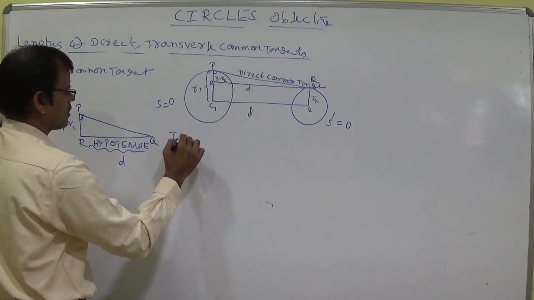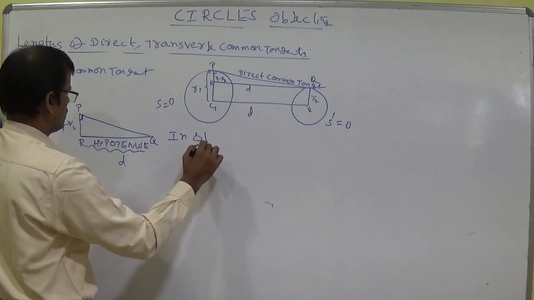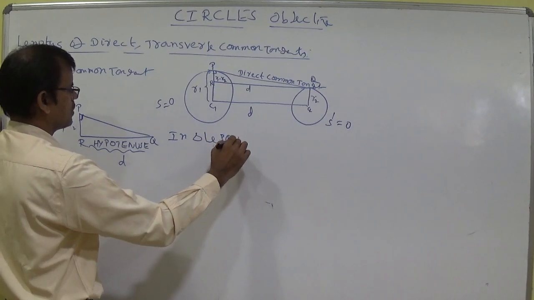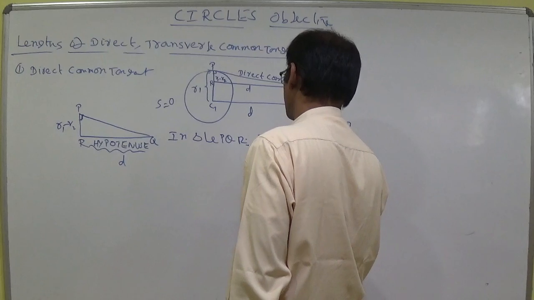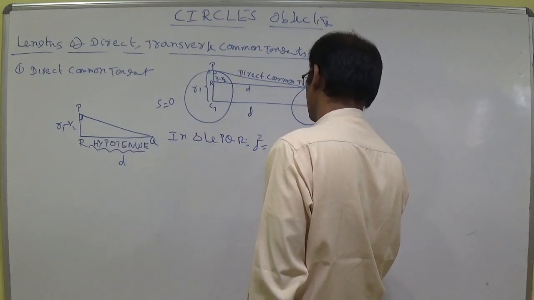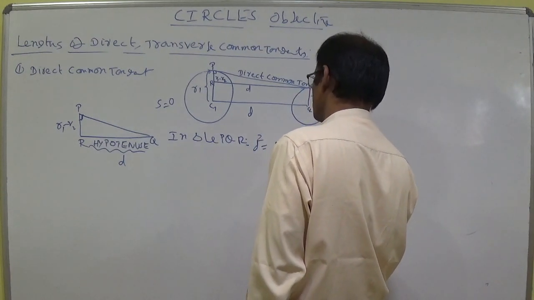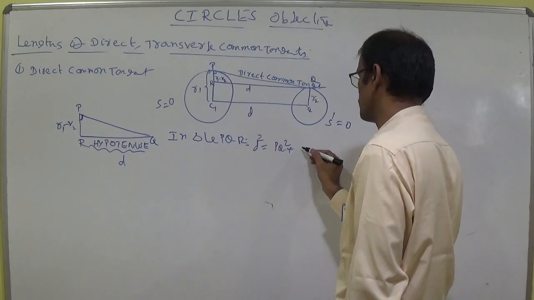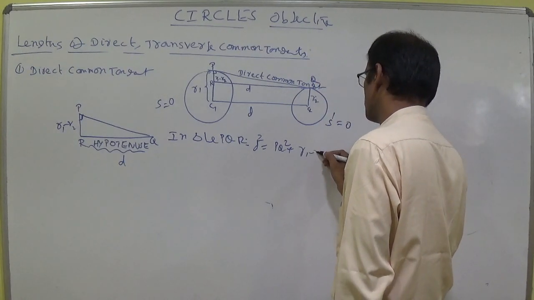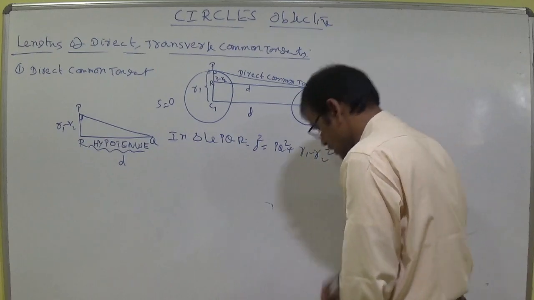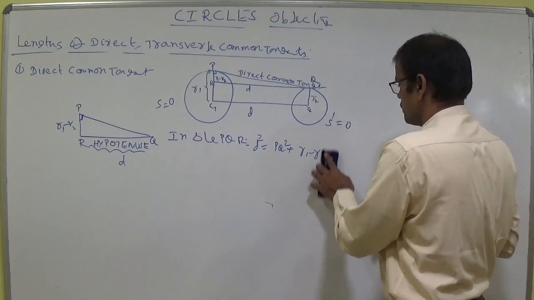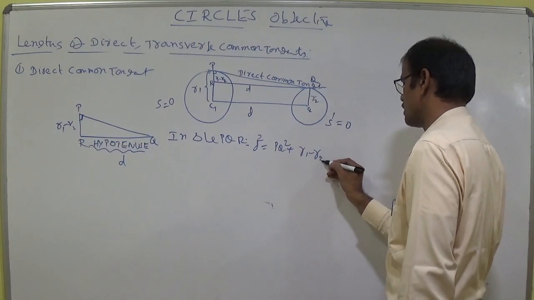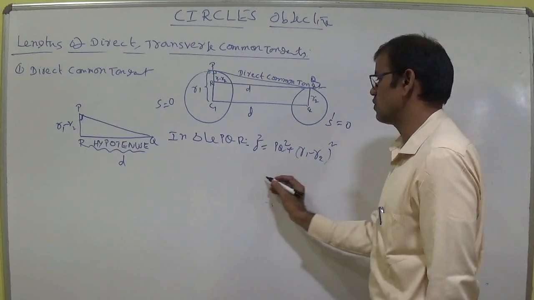Now we can write in right triangle PQR, D square is equal to PQ square plus PR square, because D is the hypotenuse. PR square you can write as R1 minus R2 whole square.